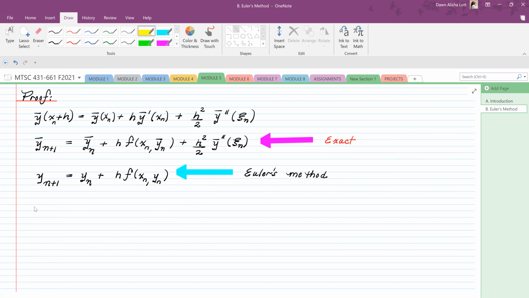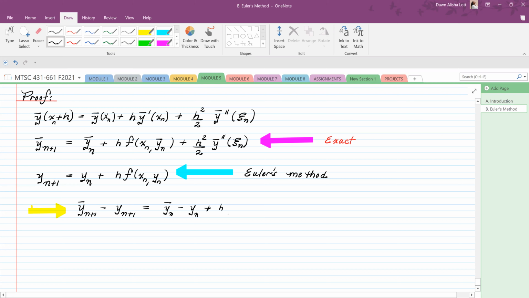So we calculate the error between the two. We get Y n plus 1 bar minus Yn plus 1 is going to equal Yn bar minus Yn plus H times F at Xn, Y bar n, minus F of Xn, Yn.